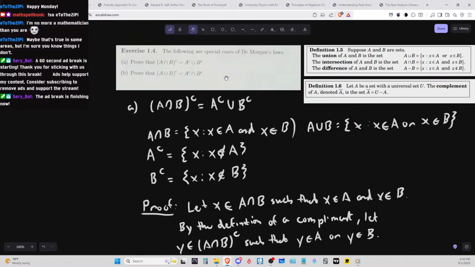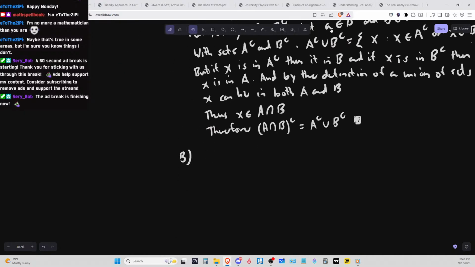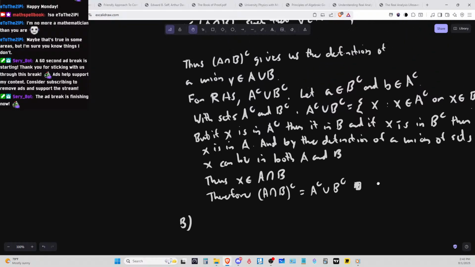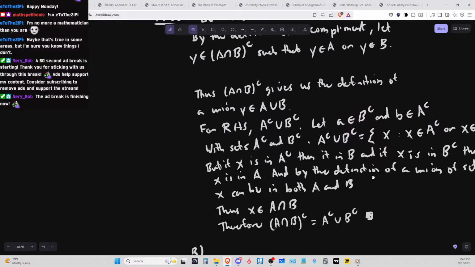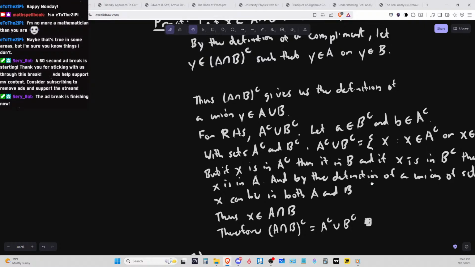But then again, you have to show that the right side is equal to the left side, which is probably what I didn't do. Yeah, probably I didn't do it right.